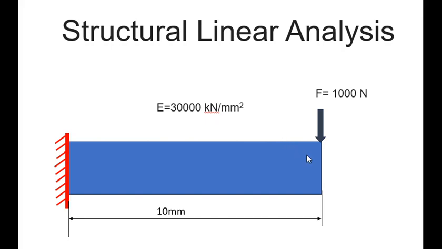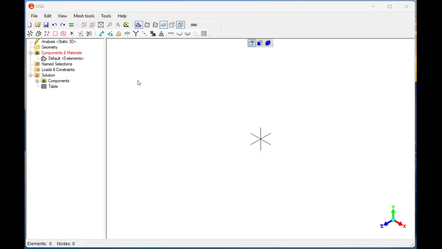This is given. So let's solve it in the Lisa software. Now let's start the plate or shell element linear structural analysis. Okay, after that we are going to see the non-linear structural analysis. So in linear, let's start it.